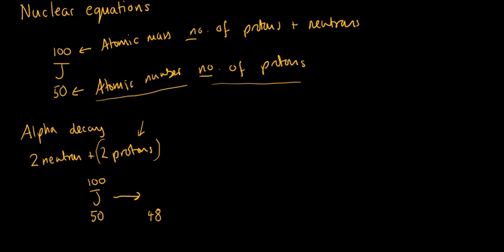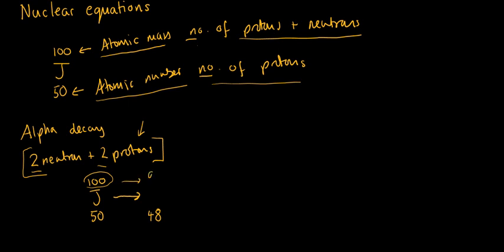In total, we have lost 2 neutrons and 2 protons. So that top number, which stands for the atomic mass, which is the number of protons and neutrons, is 4, so that number is going to decrease by 4 to 96. Now sometimes that can end up creating a totally different atom, but we're just going to write J here.